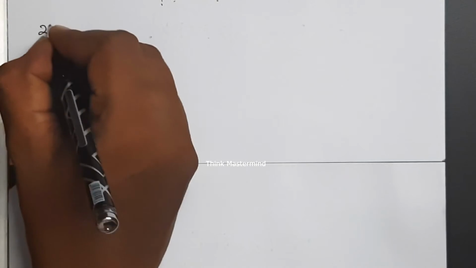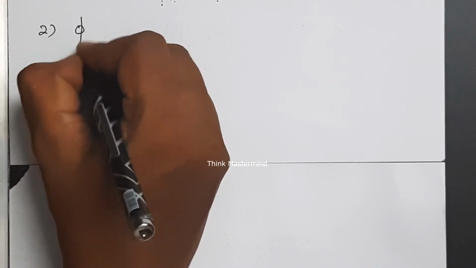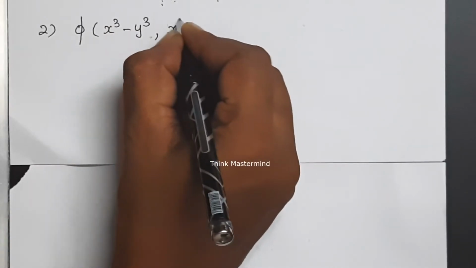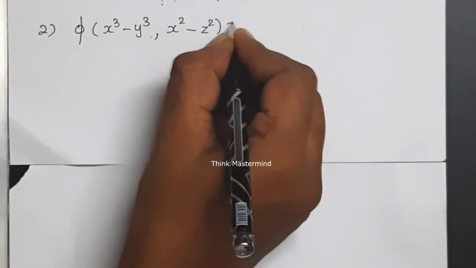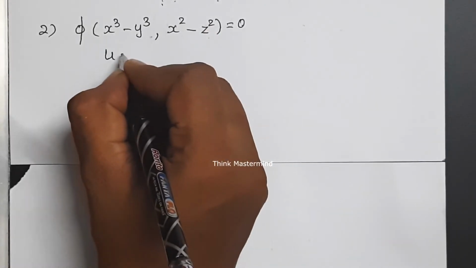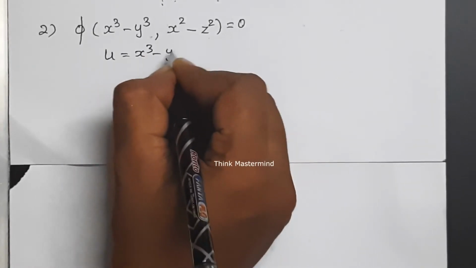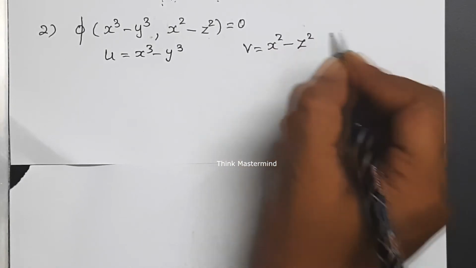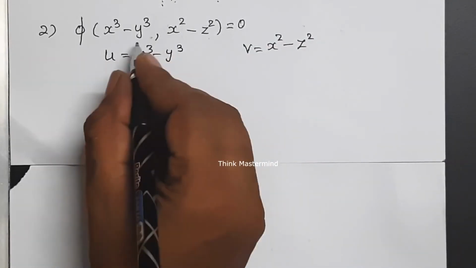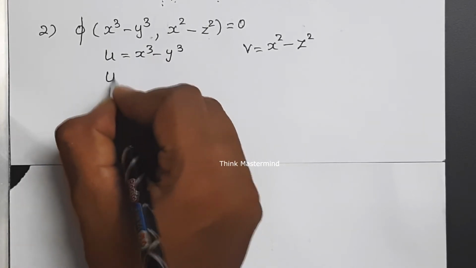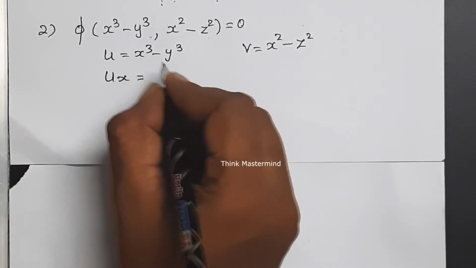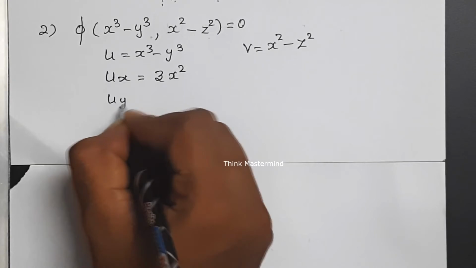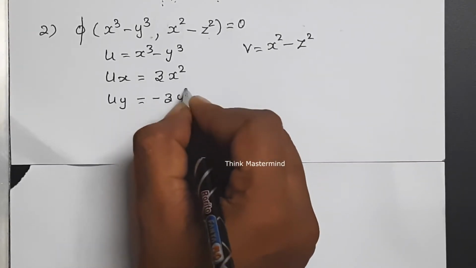Next, second example. I am considering the function phi of x cube minus y cube comma x squared minus z squared is equal to 0. So here u is x cube minus y cube and v is x squared minus z squared. To frame the partial differential equation, to find ux, differentiate u partially with respect to x, that is 3 times x squared, uy, that is minus 3 times y squared.